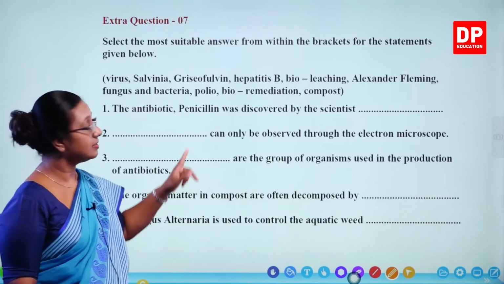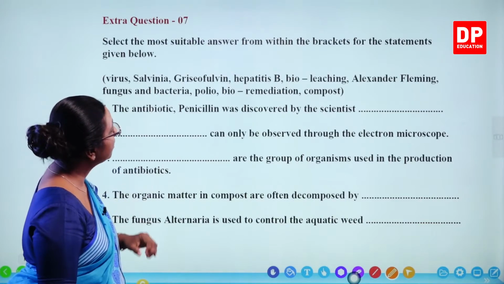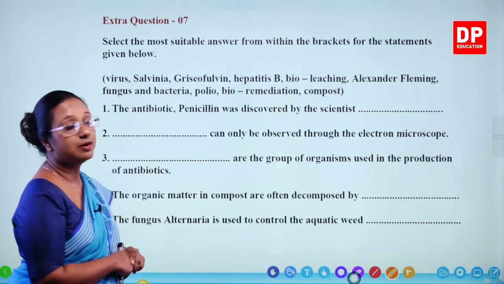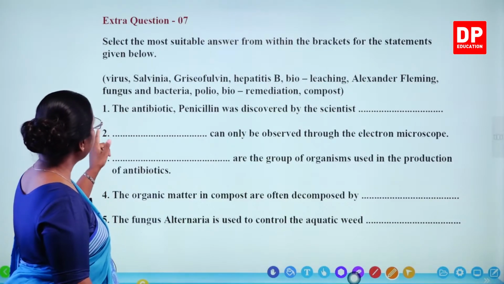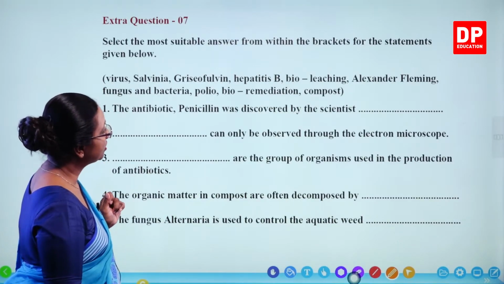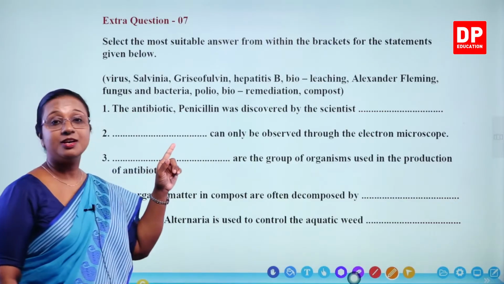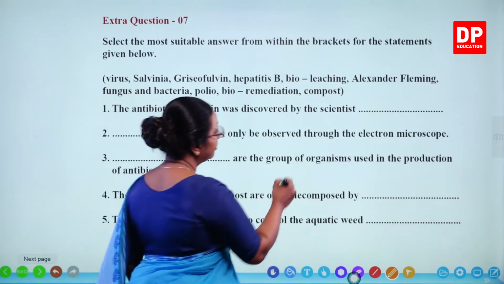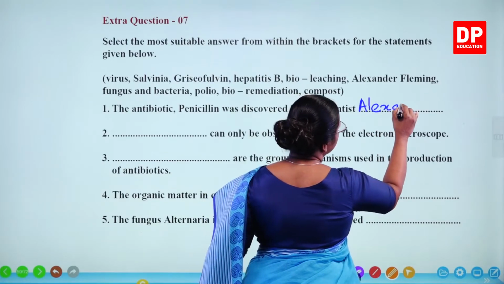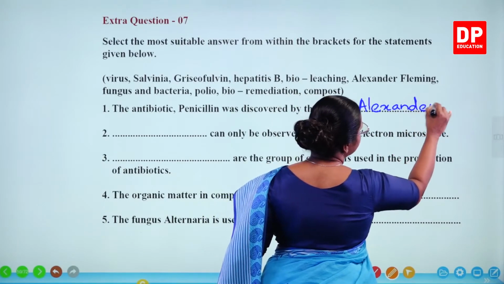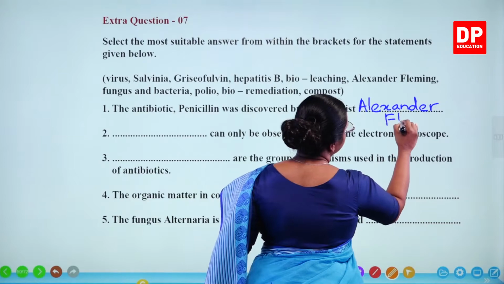That's one answer. Polio, bioremediation and compost. So let's look at the statements. The antibiotic penicillin was discovered by the scientist. Who is that? Alexander Fleming. You should write the correct spelling. Alexander Fleming.